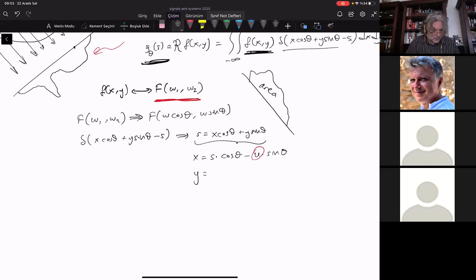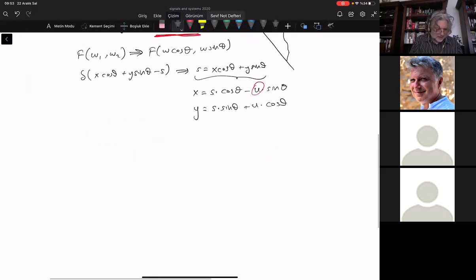And y is equal to s times sine theta plus u times cosine theta, which gives us this new formula. By the way, s is equal to x cosine theta plus y sine theta, but I have incorporated a new notation, which is actually telling me that I need u as well, which is minus x sine theta plus y cosine theta. It's just the solution of the system of equations.